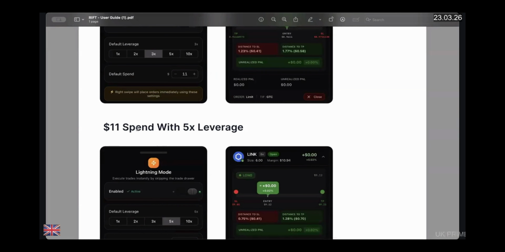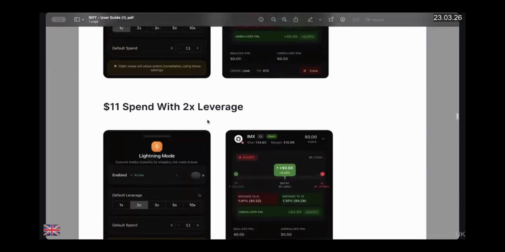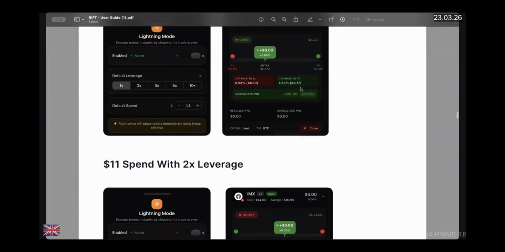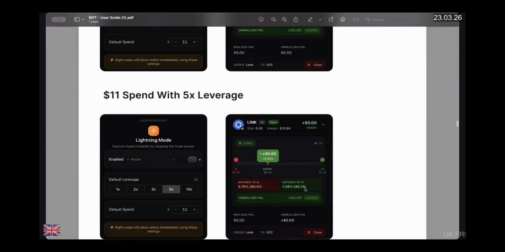Then comes $11 spent with 5x leverage. On 5x leverage, the same $11 which was giving you 17 cents of profit without leverage can give you 70 cents of profit and a stop loss at 41 cents. This is how the leverage parameter has changed profitability with each increase, while the default spend amount stays the same, which is $11.